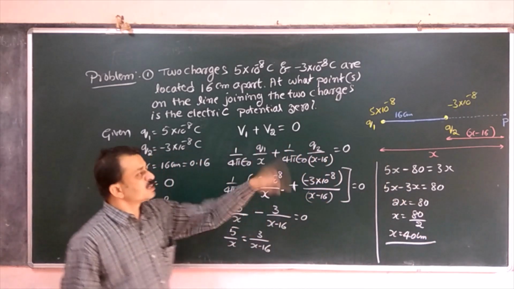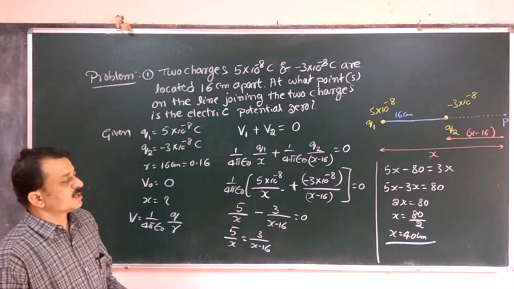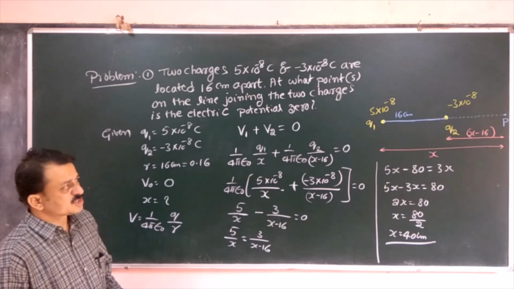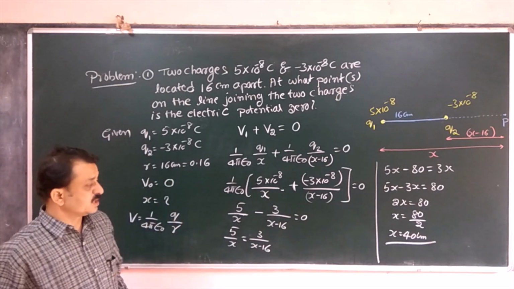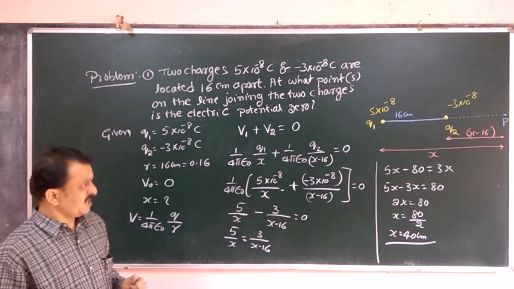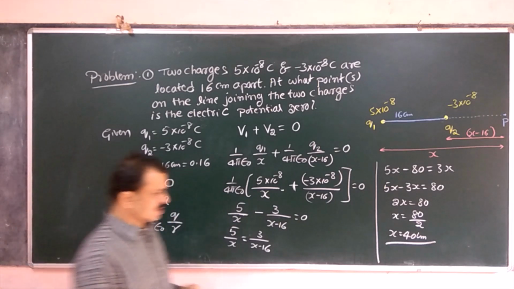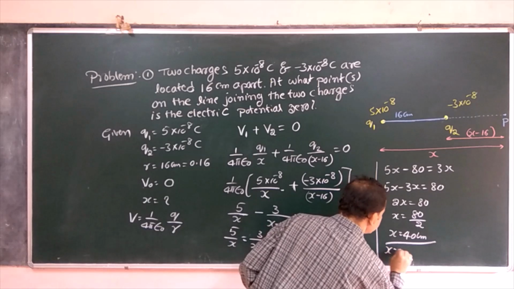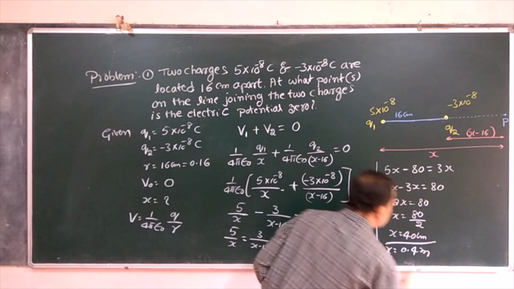So if you take the outside point, 40 centimeter from the positive charge towards the negative charge, the potential is 0. If asked in SI units, we call it 0.4 meter.